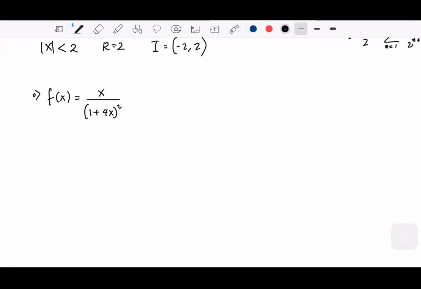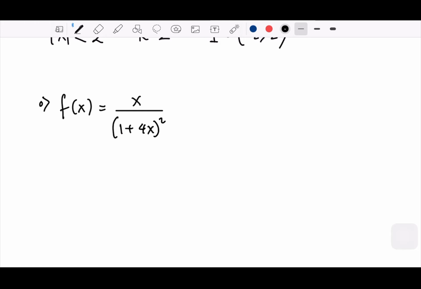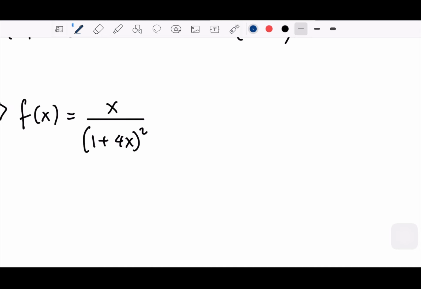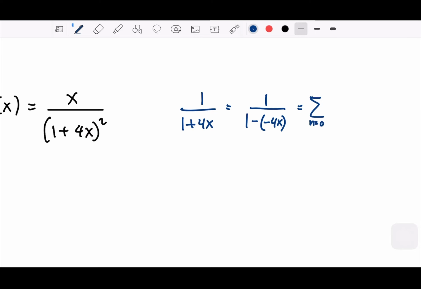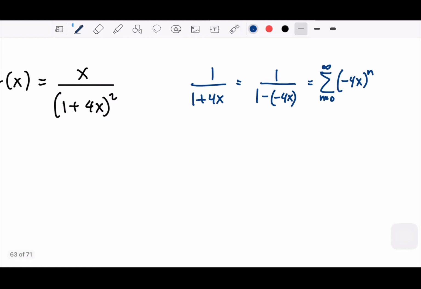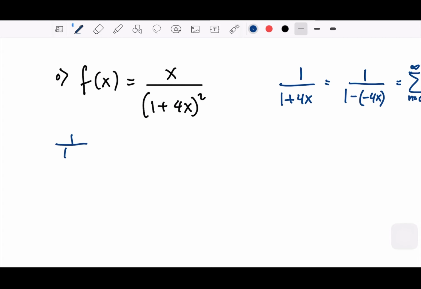Okay, the next question is this function x over 1 plus 4x, squared. Now we may take the 1 over 1 plus 4x as our consideration, because we can let this become this form and we can write down the sum.